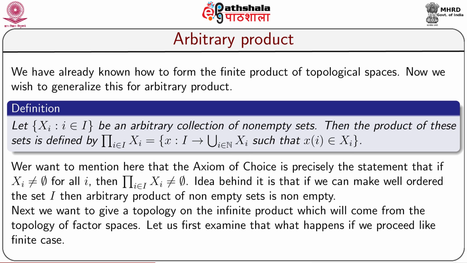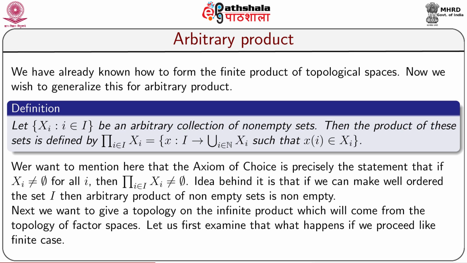of sequences. That means, if Xn is a collection of countably infinitely many non-empty sets, then their Cartesian product can be considered as all functions f from the set of natural numbers to the union of Xn, n belongs to N, such that f of m belongs to Xm.